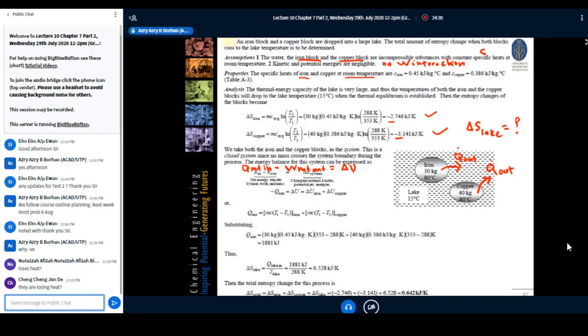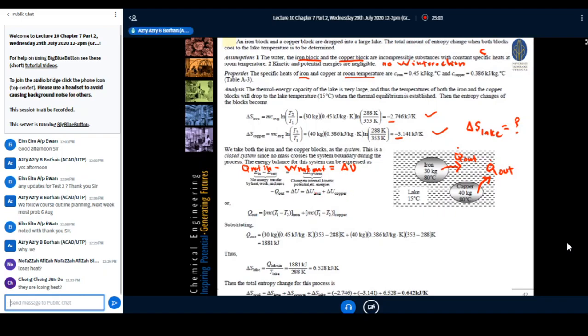And then we know this delta U actually is made up of delta U for the iron and copper, right? Because the system is losing heat, that's why you have Q out. There's no Q in. So that's why you have minus Q out equals delta U for iron plus delta U for copper.